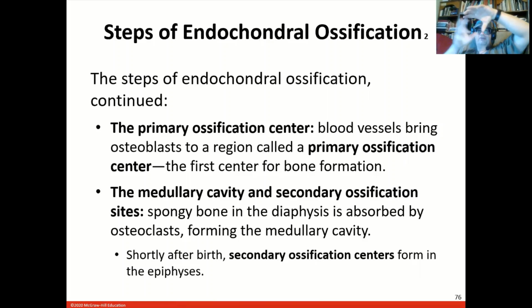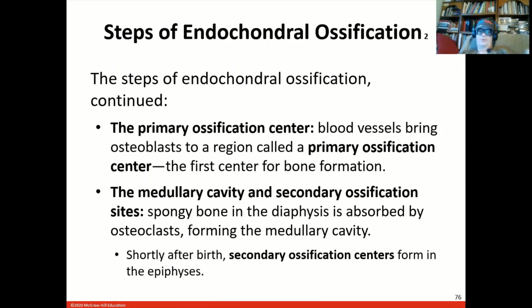So you replace everything with spongy bone, and then you have osteoclasts, which cut bone, come in and break down the middle of the spongy bone, and so you're forming compact bone in the collar, and you're breaking down the spongy to leave a hollow marrow cavity, a medullary cavity, and this continues until you've made your diaphysis.